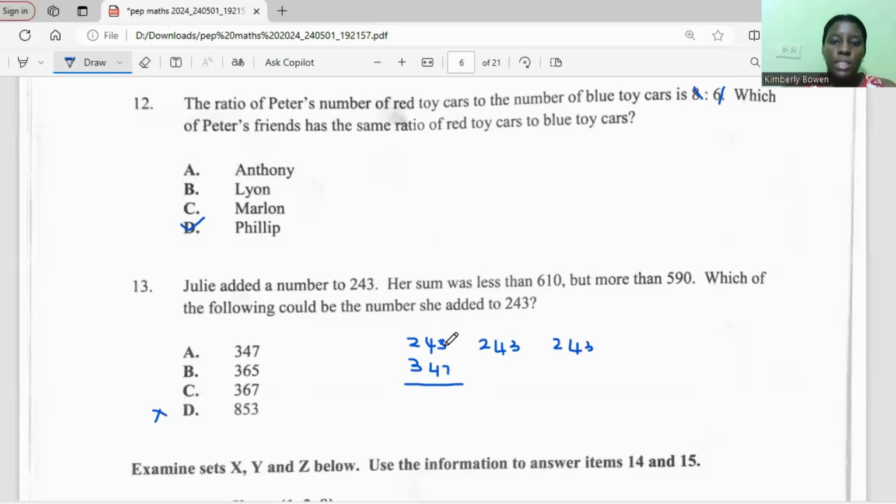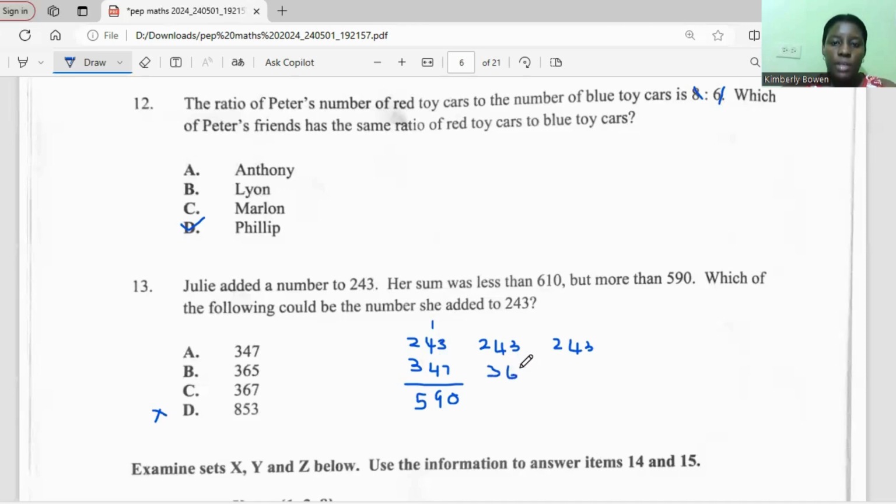Let's see what this adds to. 0. Bring over the 1. This is 9. 590 says exactly 591, something to be more than 590. So we can check these two here.